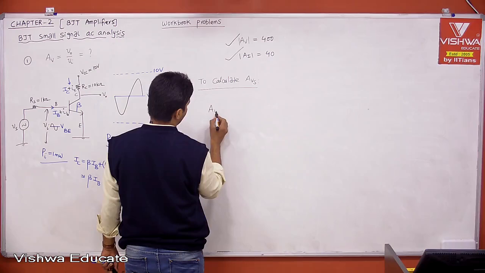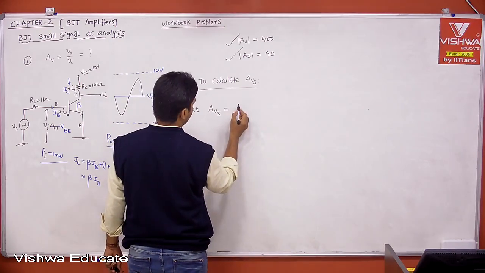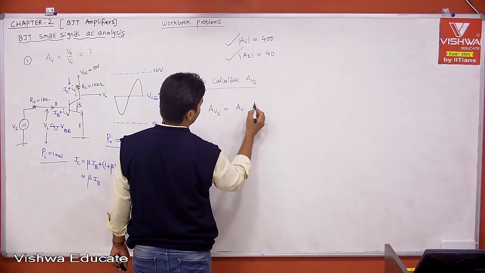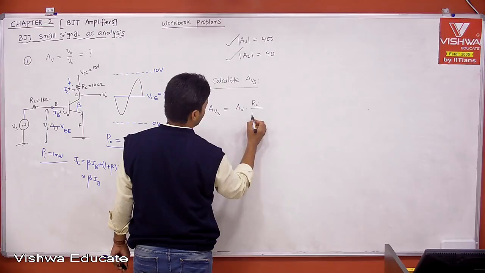What is AVS? We know that AVS is equal to AV into Ri divided by Ri plus Rs.